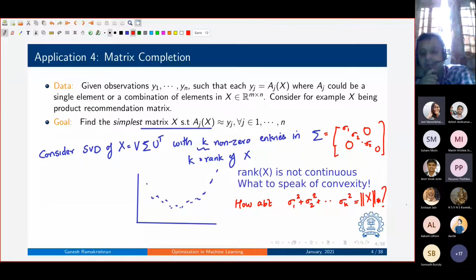How do you think this will behave? If all the sigmas were 1, what would happen?